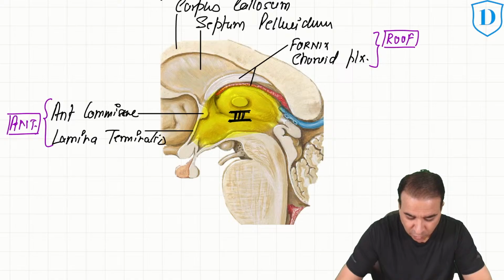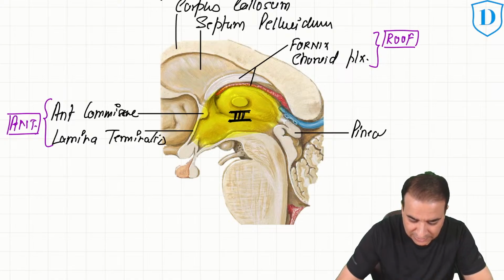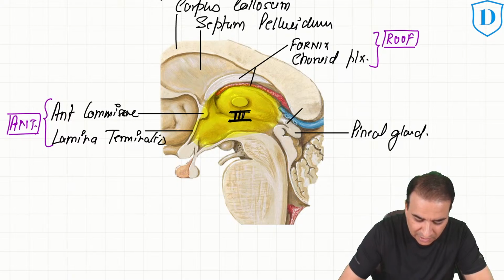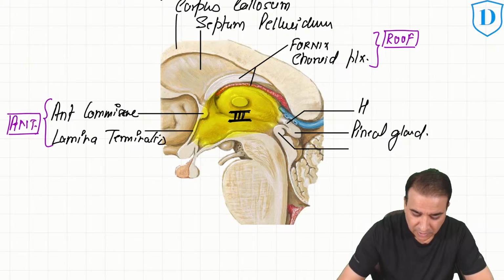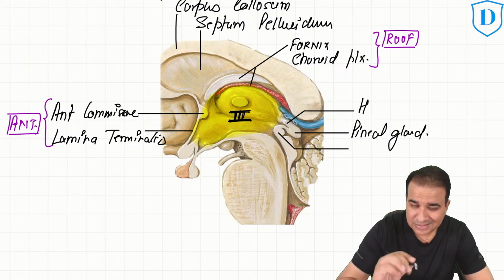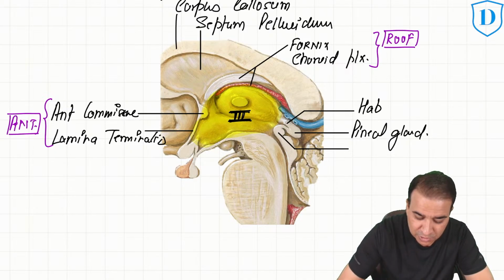Posterior wall, guys, in the posterior wall you will have the pineal gland. देखो यहाँ पे if you look at that gland over there is a pineal gland. और बेटा, pineal gland के superior lamina और inferior lamina दोनों के अंदर ही commissure fiber present है. In the upper lamina, above the pineal gland, this is where a commissure is present called a habenular commissure.